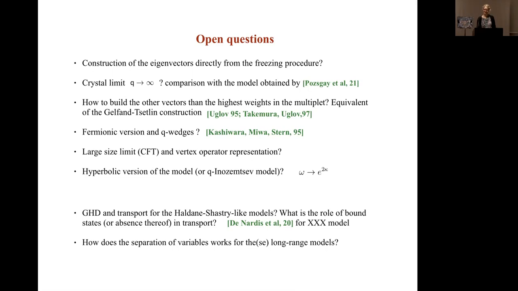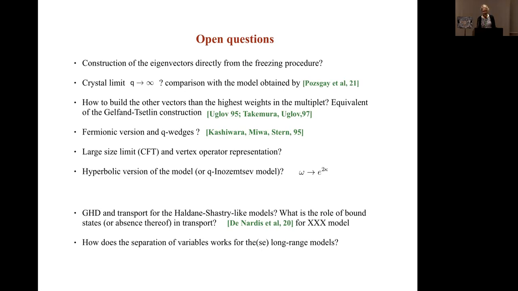Yes, that's a long-standing dream, to be able to find an algebraic structure for the ADS-CFT integrable model. I still have hope, but it's not obvious how to do it.